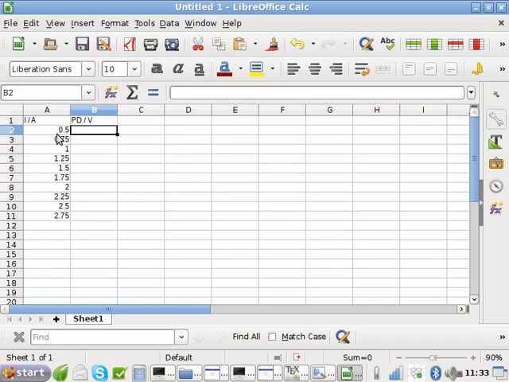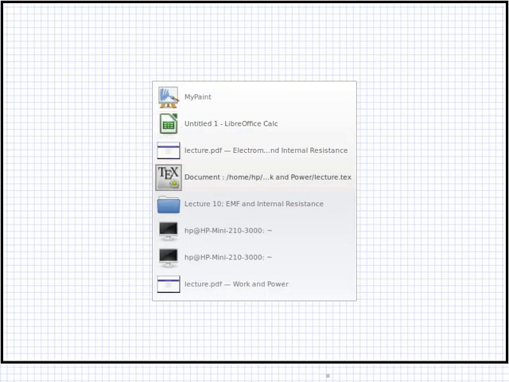Firstly, 1.75. 1.625. 1.5. 1.375. 1.25. 1.125. 1. 0.875. 0.75. 0.625. Right. So, question 1. Probably make a beautiful graph.